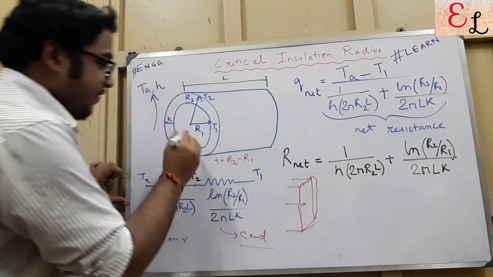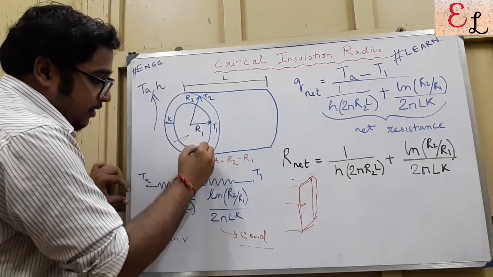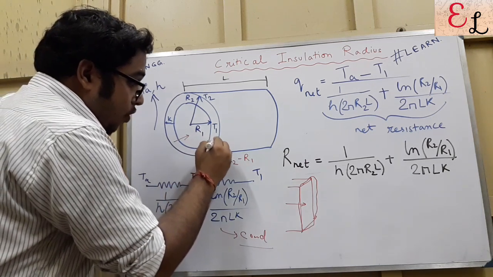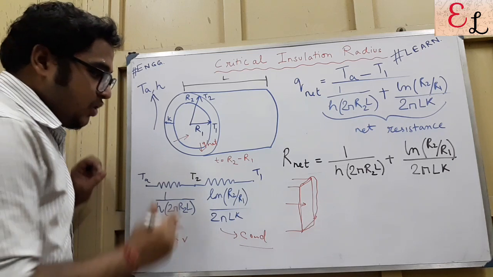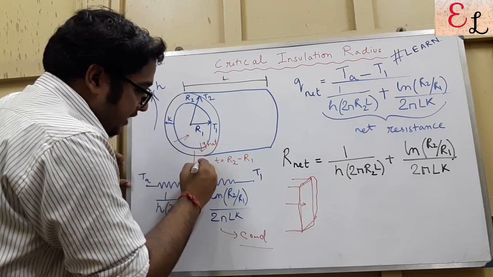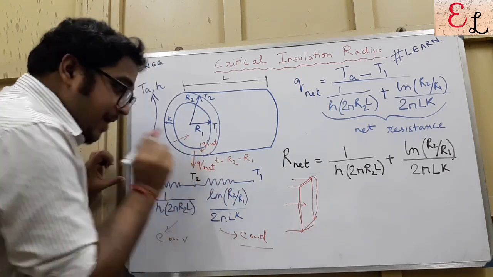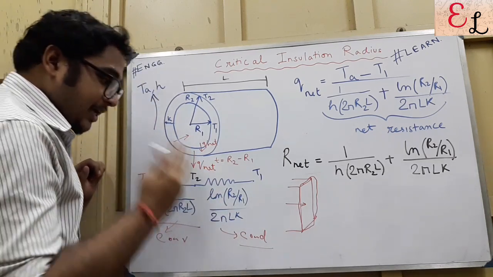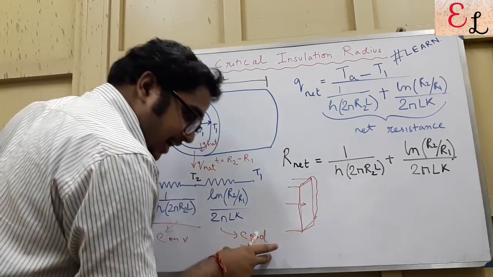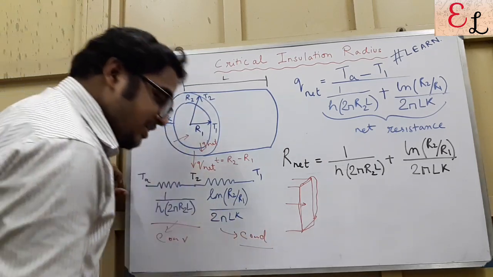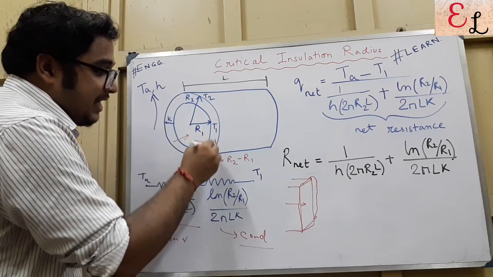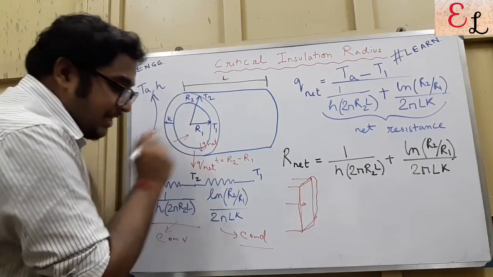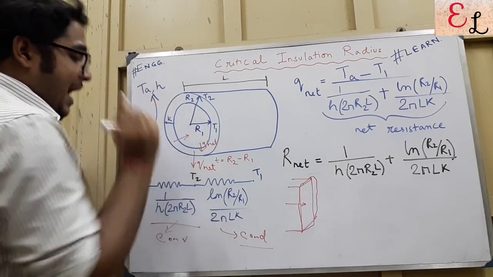The conductive resistance first, when it loses heat from the fluid to the insulating material, Q net, and no heat is accumulated within the insulation, so the same amount of Q net is lost to the ambient air, which faces a convective resistance while it's lost. So there are two resistances in the way: conductive resistance and convective resistance. The more the conductive resistance, the lesser is the heat loss from the fluid to the insulation. The more the convective resistance, the lesser is the heat loss from the insulation to the atmosphere.